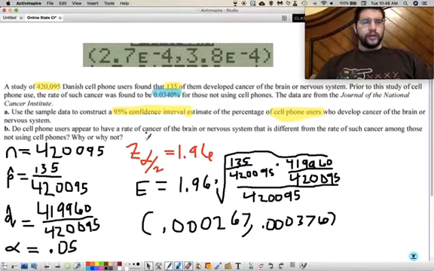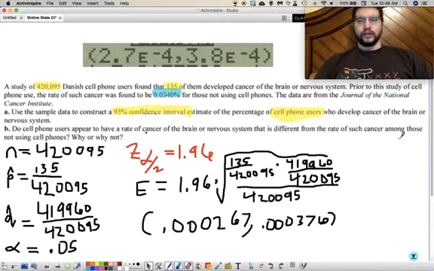Do cell phone users appear to have a cancer of the brain nervous system that is different from the rate among those not using cell phones? Why or why not? Well, earlier they found this result, 0.0340%. Oh, wait, that's percent.